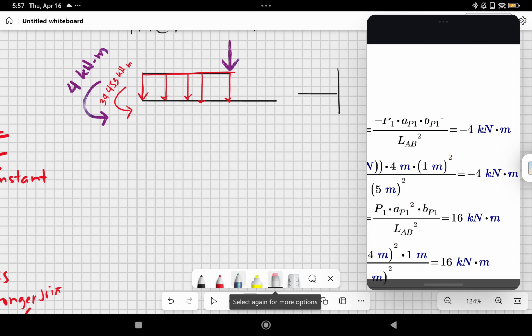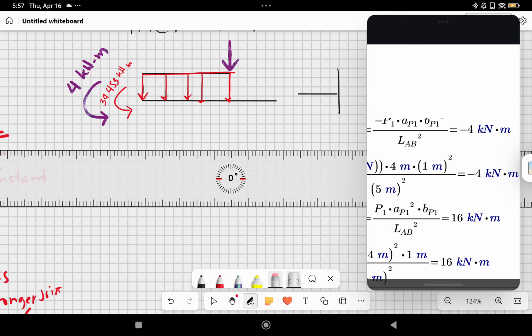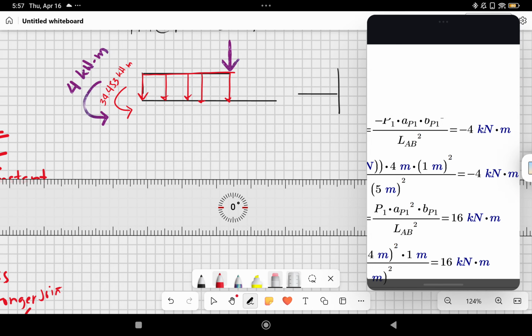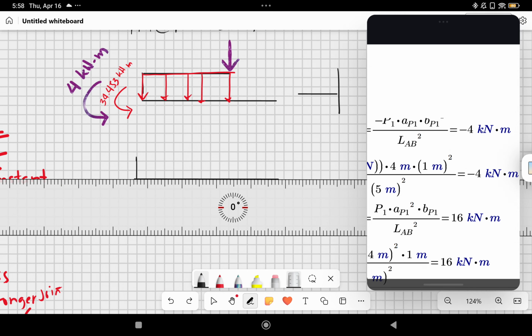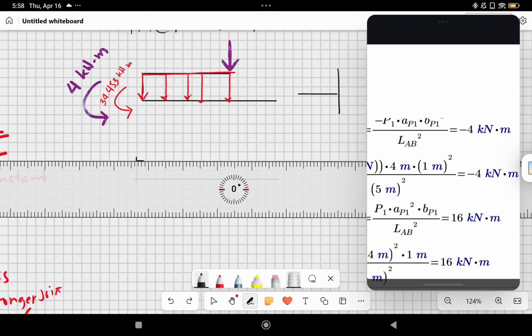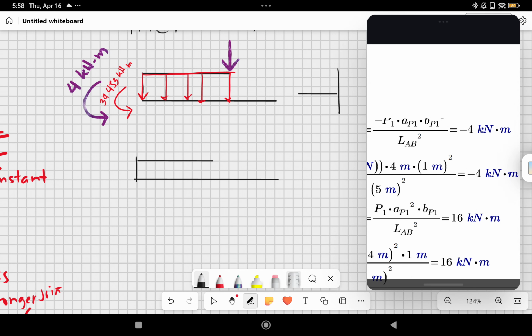So if lilinawin natin, if we consider the whole effect of these two loads, so yun yung magiging FEM-AB natin.